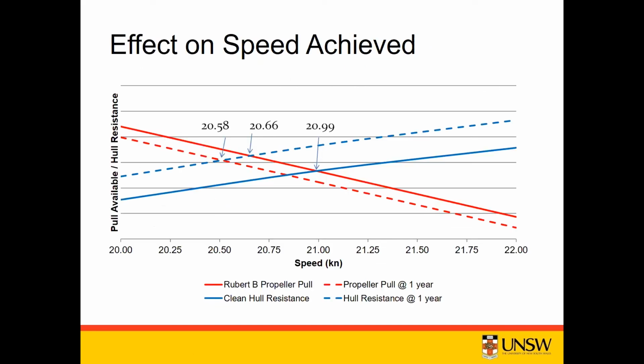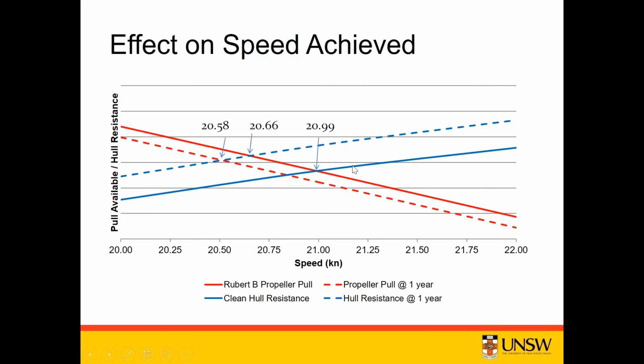If you then have a look here, this is for a vessel that we actually analysed. I don't think I've identified it on there, because I'm not allowed to. You can see what happens here. This is the Rubert B grade of the propeller, giving you the propeller pull.